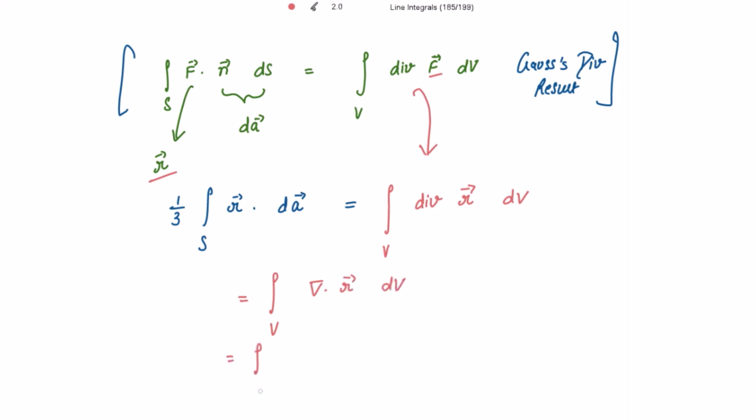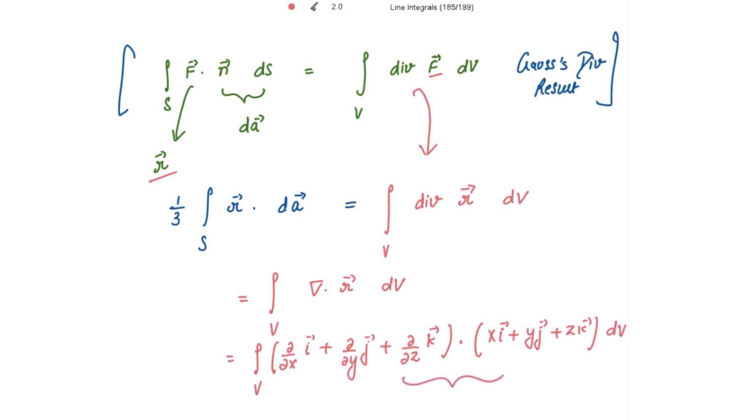That is equal to the volume integral of, okay, writing del as curly over curly x i vector plus curly over curly y j vector plus curly over curly z k vector, and its dot product with r vector, that is x i vector plus y j vector plus z k vector.